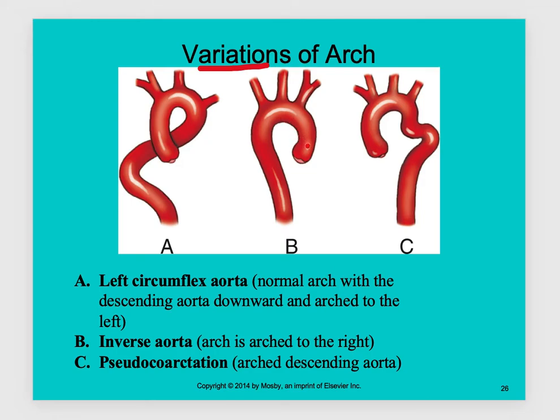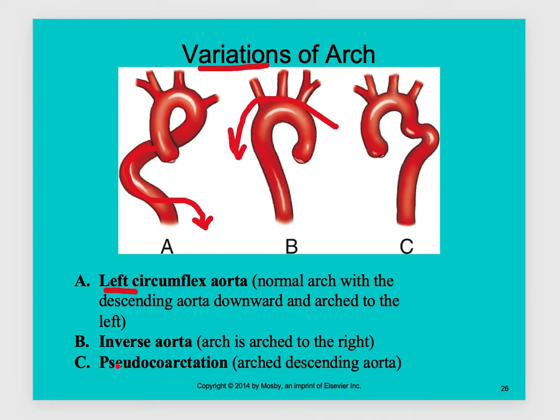This one comes down to the right. This one here can be a little bit confusing. So it's circumflexing back to the left. It comes out, curves to the right, and then comes back to the left. So left circumflex. Inverse aorta, this is arched to the right. Okay, so to the right.